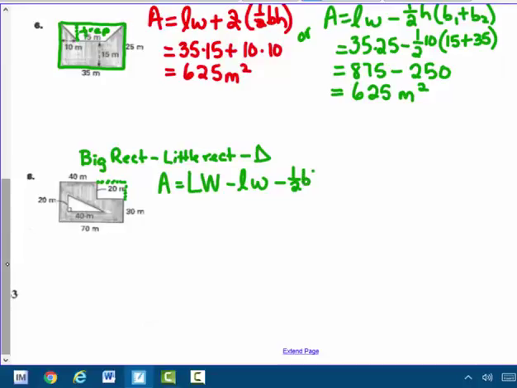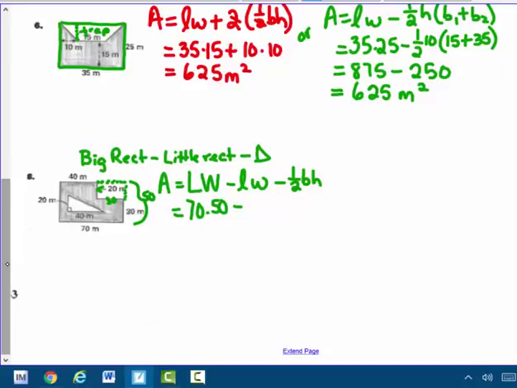Okay, so big outermost is 70 by, well, if that's 30 and this is 20, this whole side here must be 50. Okay, so big one is 70 by 50 minus little one. Here is 20 by 20, that's 20, and this, if that's 40, then this has to be 30. They're telling me this is 20.